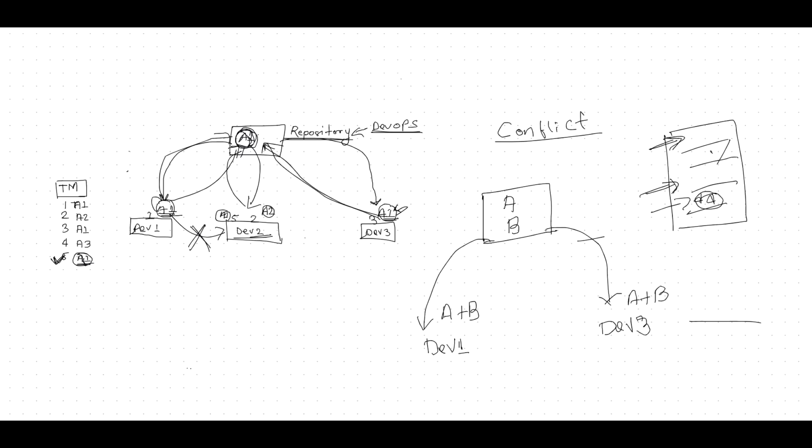Now one did some additional change, that is C, and the other did some additional change, that is D. Once he pushes his code, AB is already there. What is additional? C. So C will be added here. Once the other commits his code, what is new here? D. So D will be added. Now it contains ABCD.